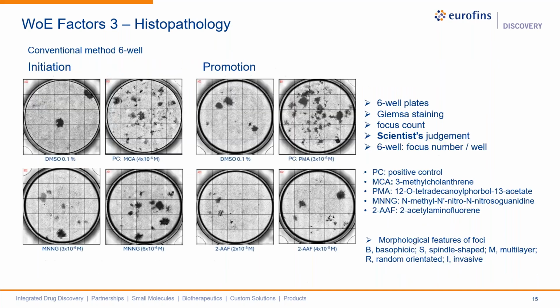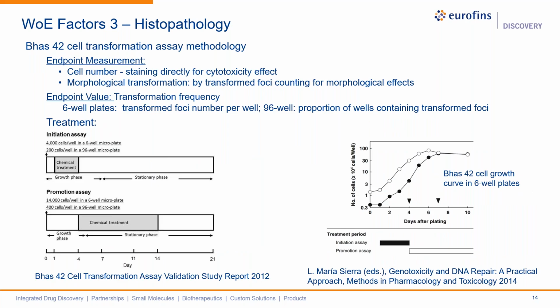The treatment regimens are designed to target different mechanisms of carcinogenesis. For the initiation assays, we plate fewer cells, then apply chemical treatment during the growth phase. This especially detects compounds that may initiate carcinogenesis through DNA damage or mutation.